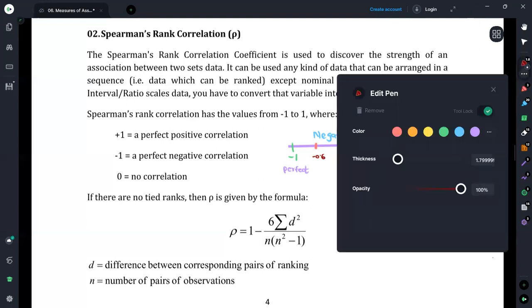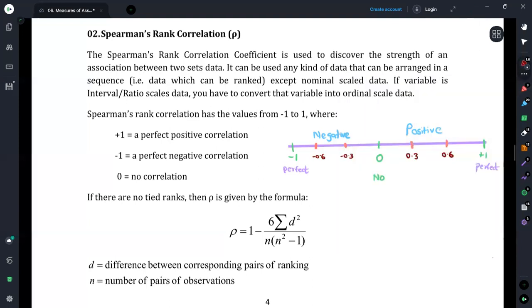According to this, if it is between 0 and 0.3, then in this region we can say that there is a weak positive relationship. If it is between 0.3 and 0.6, then there is a moderate relationship. And if it is 0.6 to 1, then we have a strong relationship.